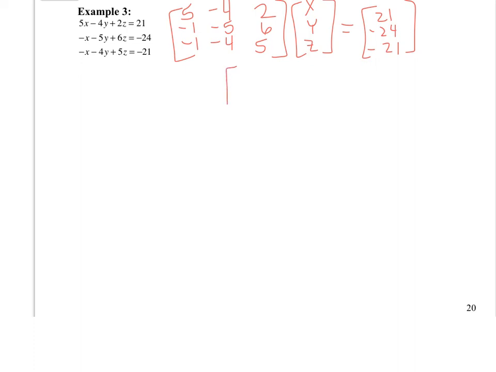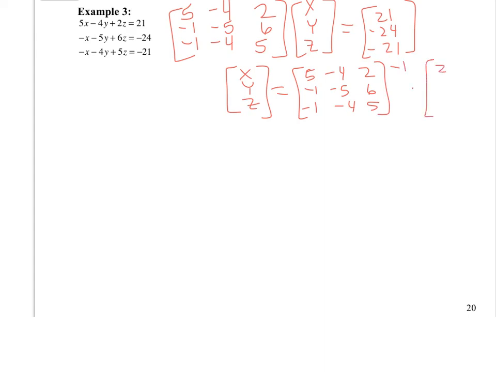So to solve, x, y, z will equal the inverse of matrix A times matrix B. So let's plug that into our calculator and see what we get for x, y, and z.